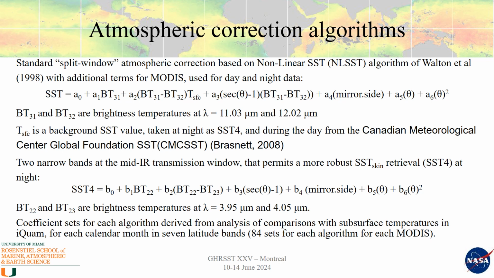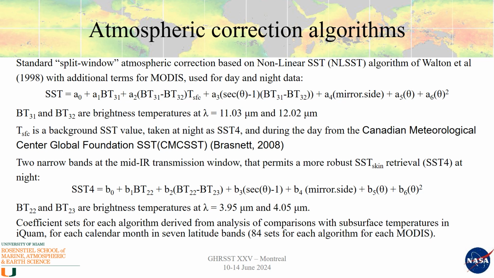For the 2 narrow bands in the mid-infrared transmission window, because they show much less variability to atmospheric variations, the atmospheric correction algorithm is somewhat simpler, but it does retain 3 terms for the MODIS-specific artifact correction.